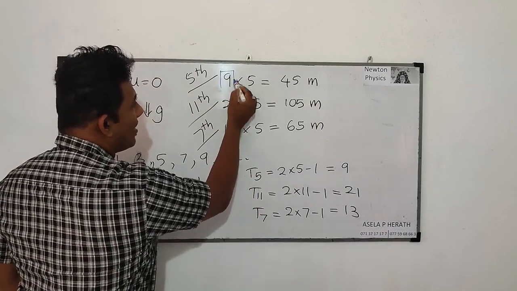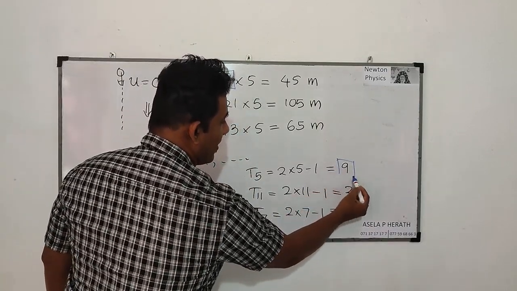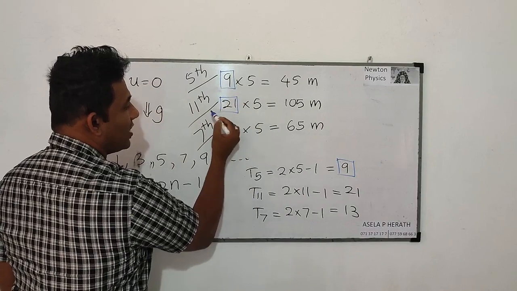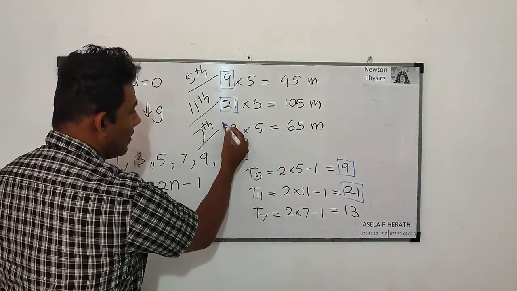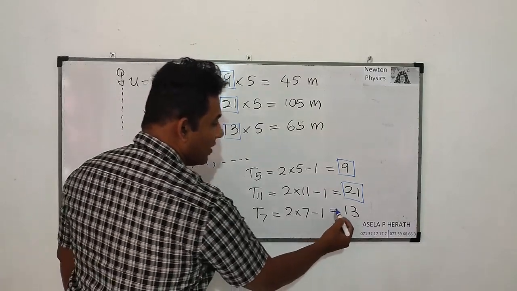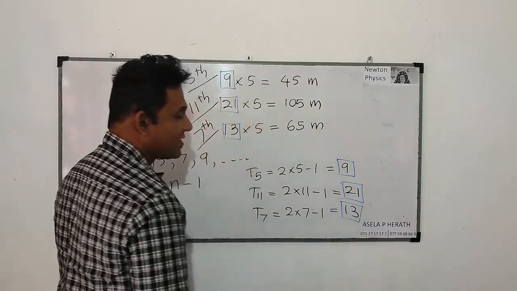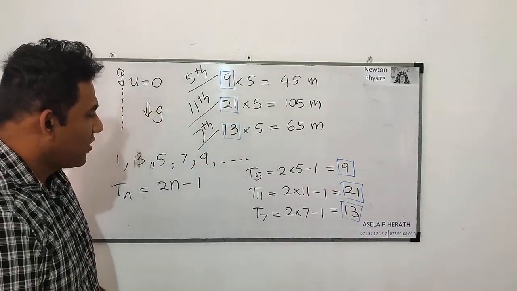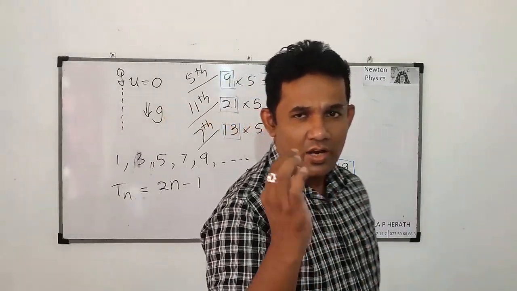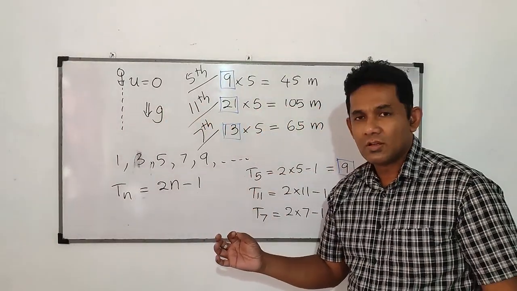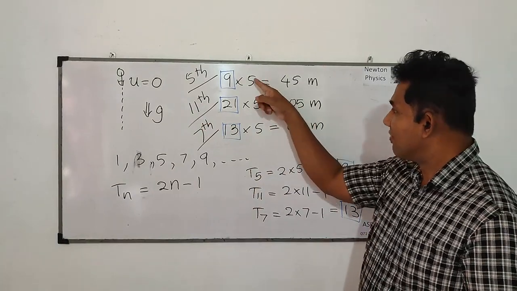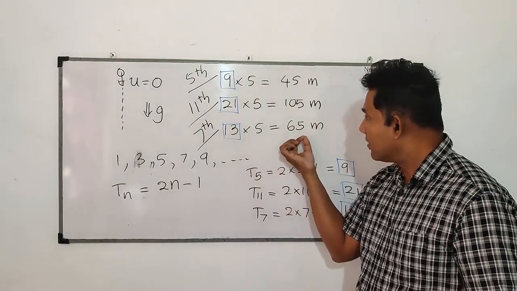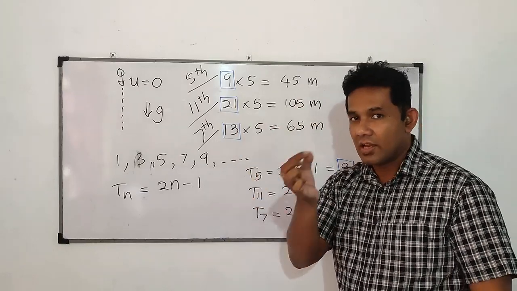Here you have 9, and here again 9. Here 21, and again 21. And here 13, and I also took that one as 13. You can see that I have multiplied the odd number by 5 to get the travel distance in the given second.